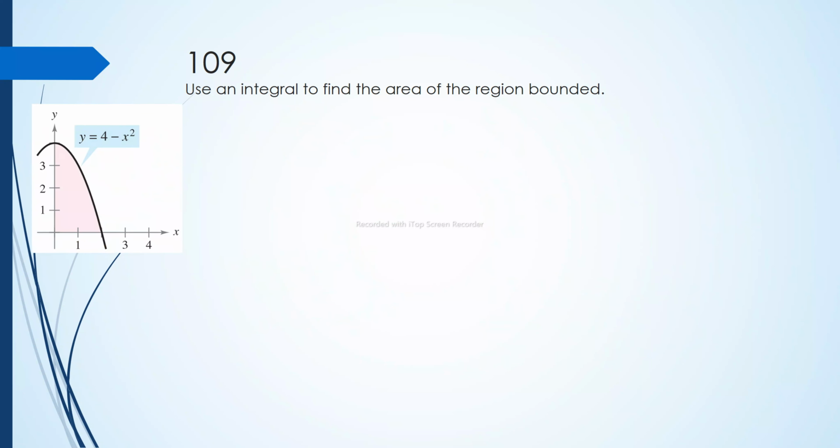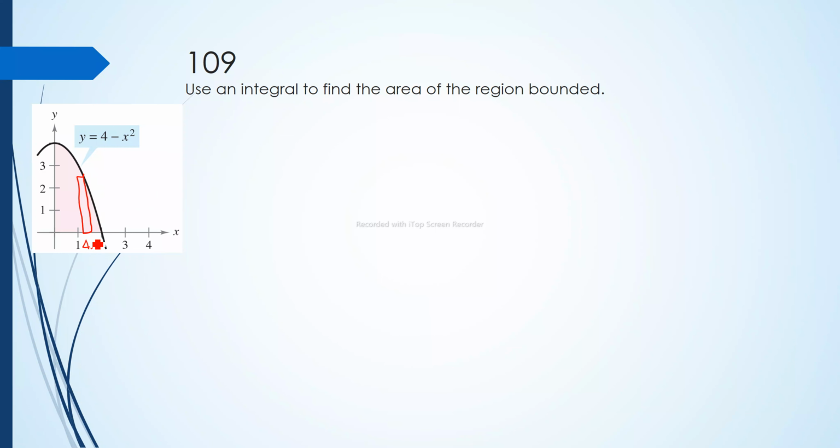How about this one? Use an integral to find the area of the region bounded. So for this one, we can try to use the vertical and horizontal rectangular strip. So which should we use? Since we used the horizontal earlier, let's try to use the vertical strip.